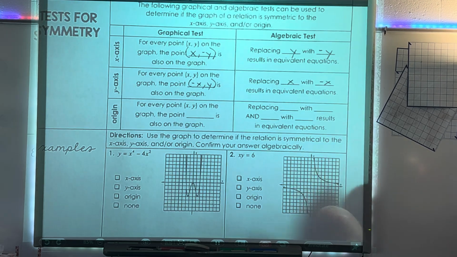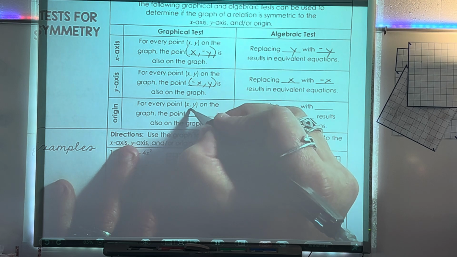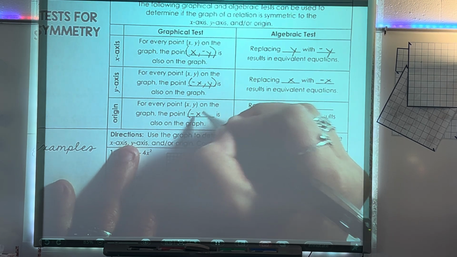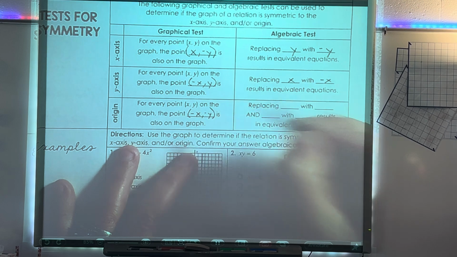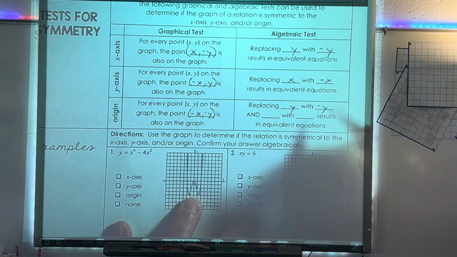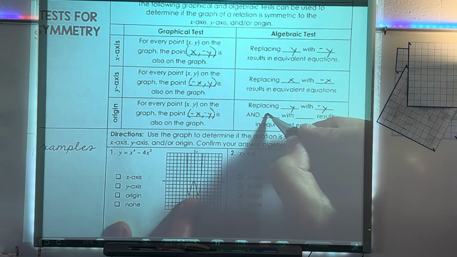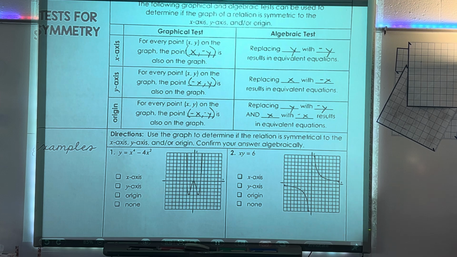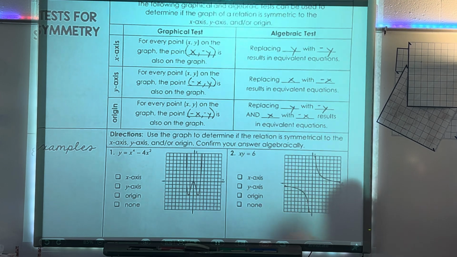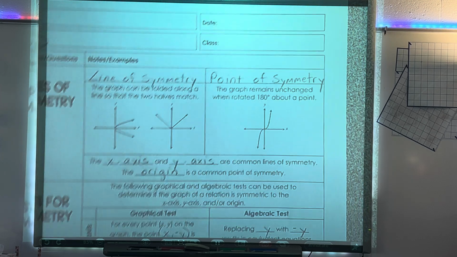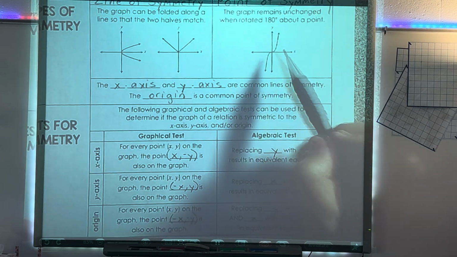All right, if it is at the origin, they both change. X becomes negative x, y becomes negative y, so that's exactly what we're going to write here. Y becomes negative y, and x becomes negative x. Visually, the really easy way to see that is right here.